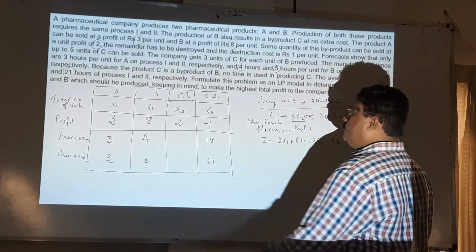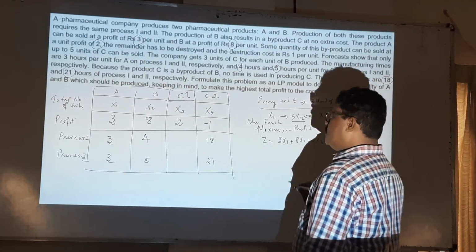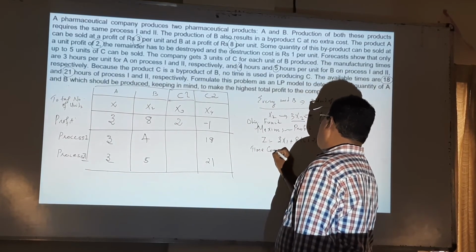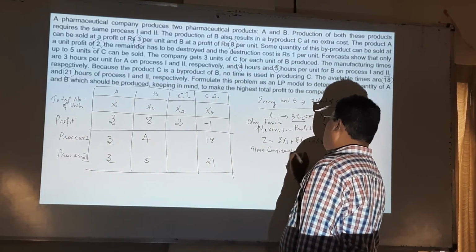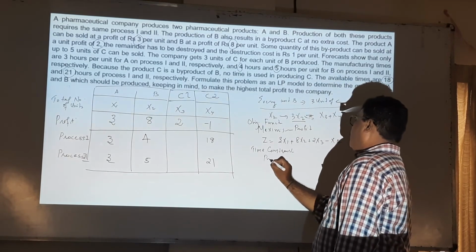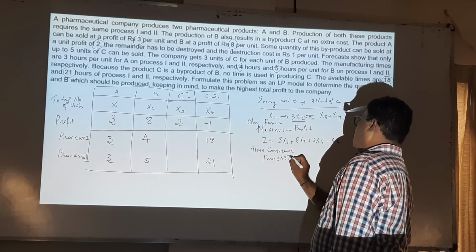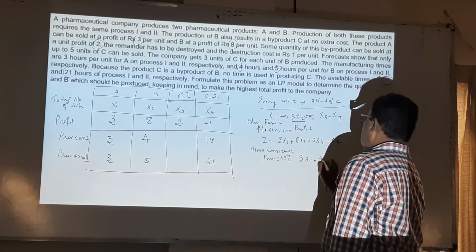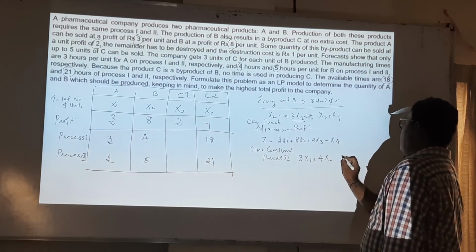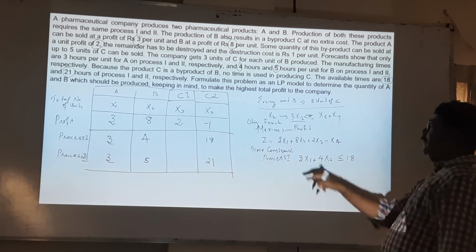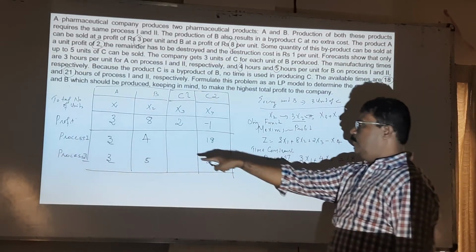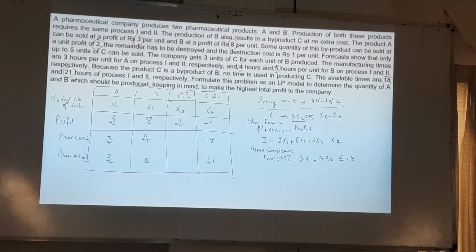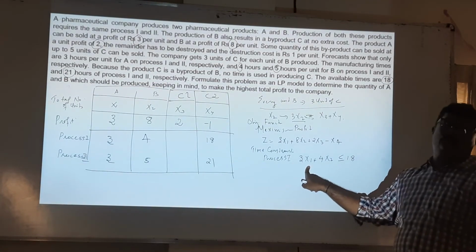Next is the process part, the time constraint. Subject to the time constraints, process 1: 3x1 plus 4x2 is less than or equal to 18. What do you mean by that? For 1 unit of A, 3 hours will be taken, so x1 units of A take 3 into x1 hours.